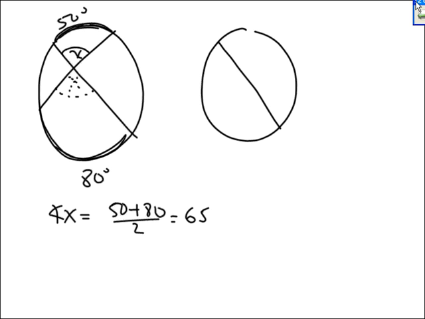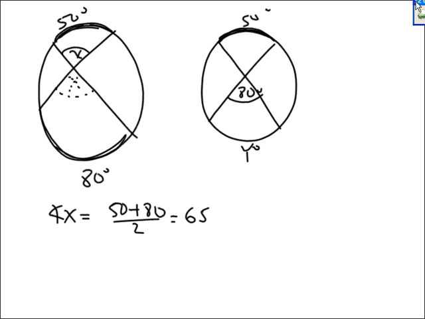Suppose we have a similar diagram and you're told this is 50 and maybe this is 80 and you're asked to find arc Y. Now, when I say 50 degrees up here, I mean that arc.